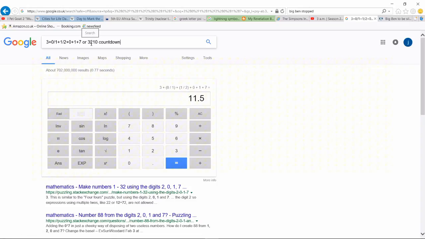And as I pointed out before, if you add those numbers up, 3 plus 0 is 3, 1 plus 1 is 2, and 2 plus 0 plus 1 plus 7 is 10. You've got 3, 2, 10, or 3, 2, 1, 0. And that's a countdown. So both the 3rd of November and the 30th of November translate to 11.5 or 11:30, and it also has the countdown of 3, 2, 1, 0.